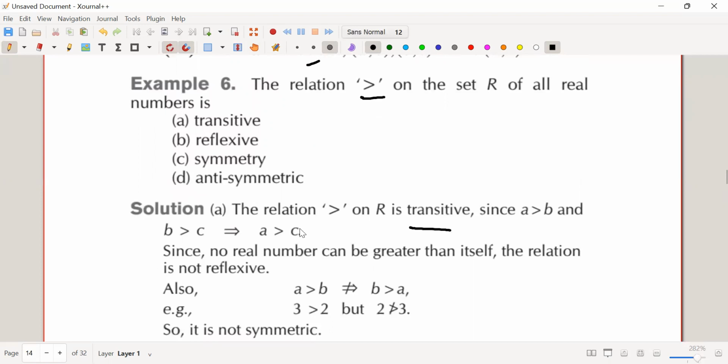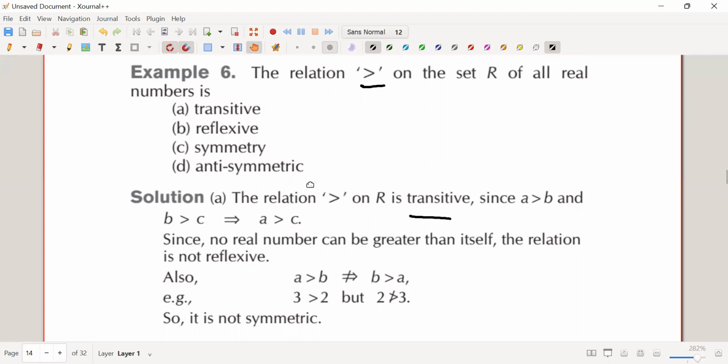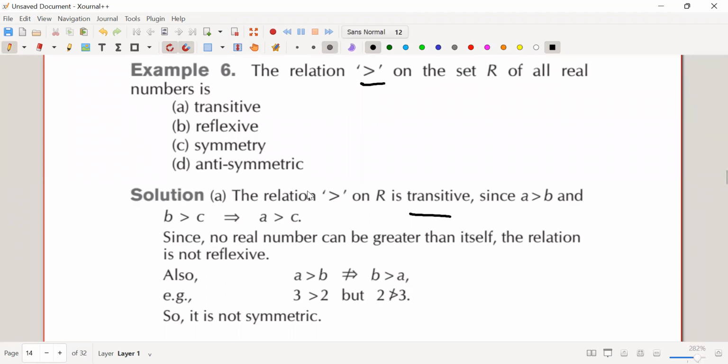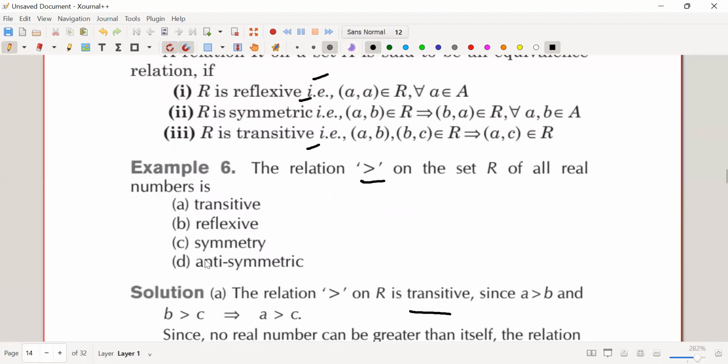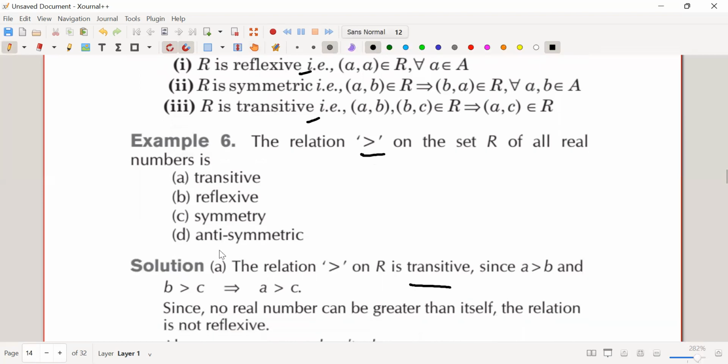What is transitive? In transitive, there must be three ordered pairs such that the first two are related, so the first element and the third element are related.